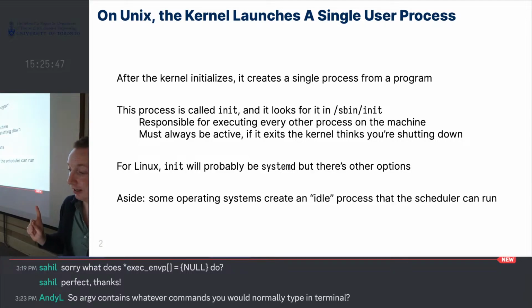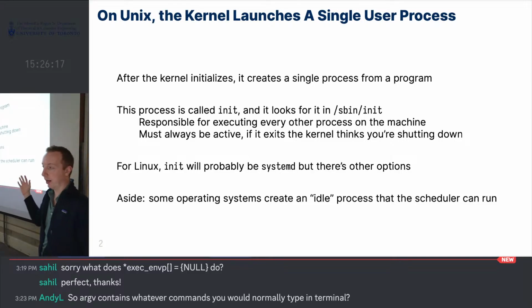It is called init, and by default it is /sbin/init, and it has the responsibility of launching every single other process on your machine. Every process on your machine will be launched by init or a child of init, and it could go as deep as you want. But the ultimate grandparent or ancestor to every process running on your machine is init, and it is special because it has process ID 1.